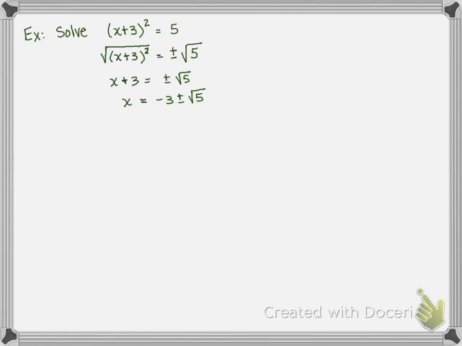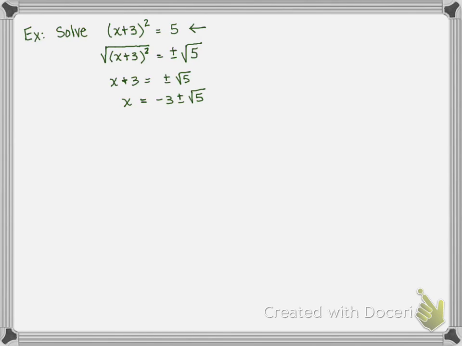The problem with it is that you will rarely get equations in this form. It's pretty convenient that we had that perfect square and then we had a constant on the other side. It's not usually like that, right? Usually it's something times x squared plus something times x plus a constant.